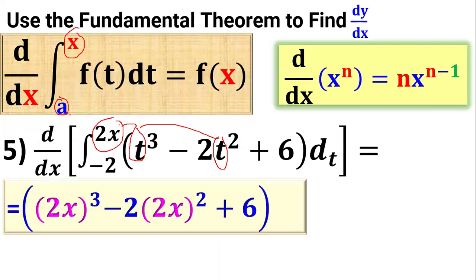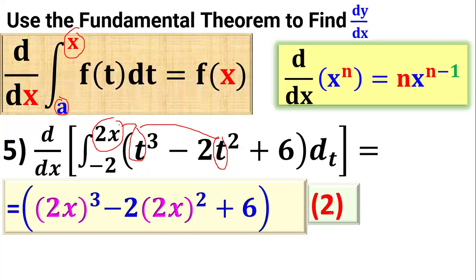Now, since we would have 2x at the upper limit, we need to multiply by the derivative of 2x. The derivative of 2x will be what? 2, applying this rule. Derivative of x to the power of n is n x to the power of n minus 1.